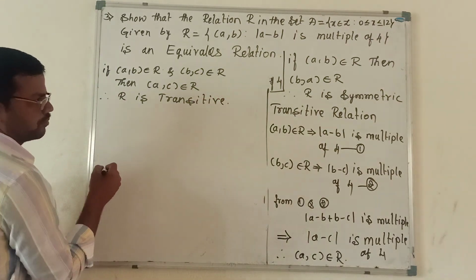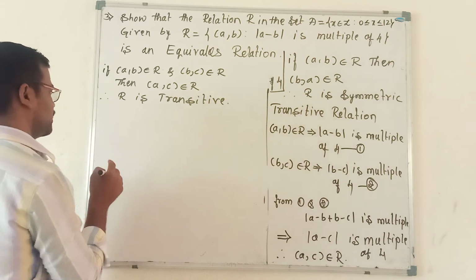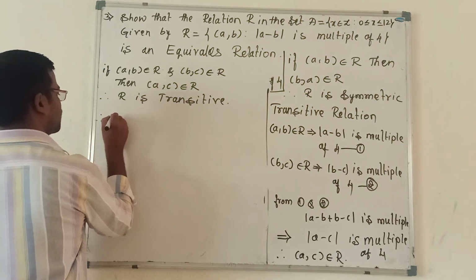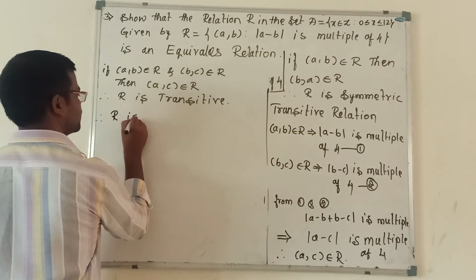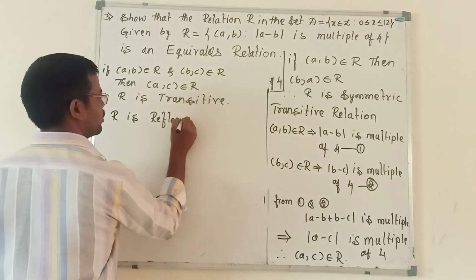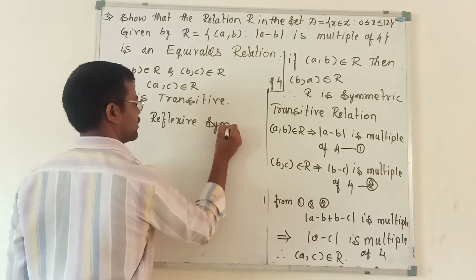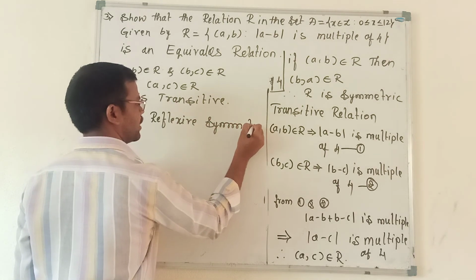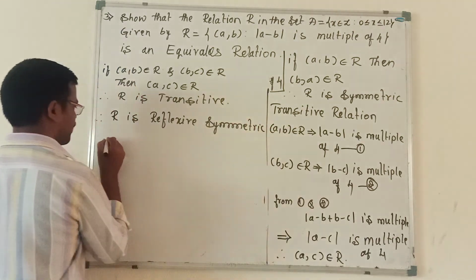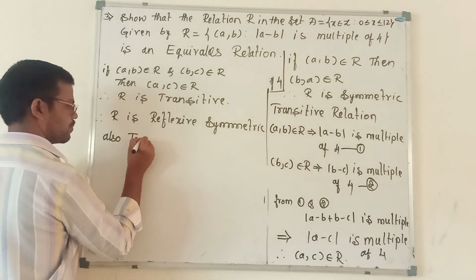So from this it is clear that R is reflexive, symmetric and also transitive.